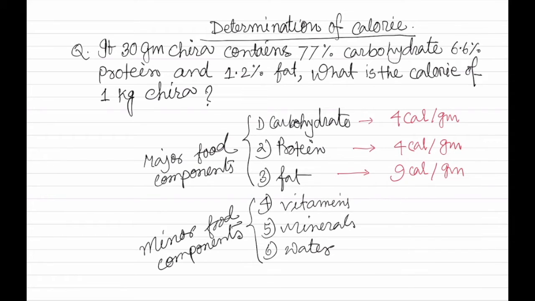With this explanation, we can easily explain fatty substances contain huge amount of energy. For this reason, fatty substances are generally known as calorie rich food, or generally we can say rich food.